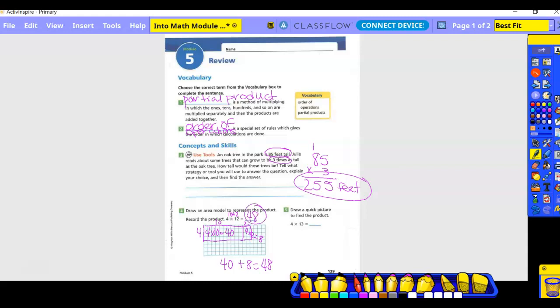Draw a quick picture to find the product. So we could use our expanded form and do the box, right? Okay, or we could do our base 10 blocks. Let's do our base 10 blocks. So how many longs do I need to draw? 1, and then 3 small cubes. Okay, how many times do I need to draw that? 4 times.